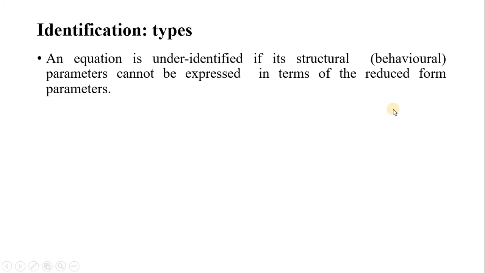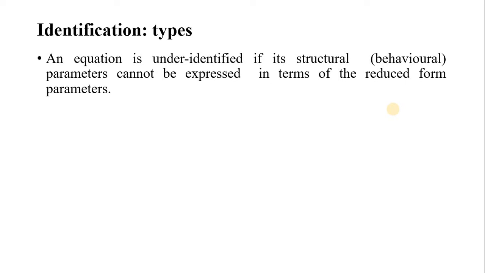Identification can be over identified or exactly identified, and an equation can also be under identified. An equation is under identified if the structural parameters cannot be expressed in terms of the reduced form parameters. If from the reduced form equations we cannot get back to the structural equations, then the equation is under identified.